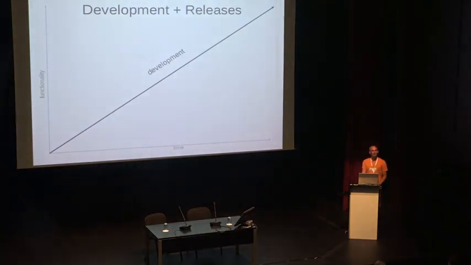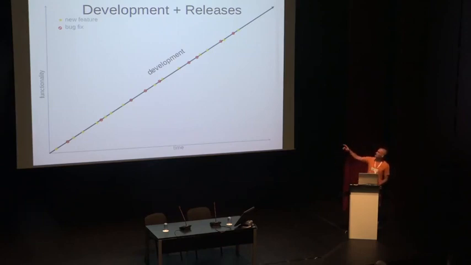Has anyone ever wondered why the numbers and the names in QGIS versions are like that? Or maybe they are odd? Actually, they are not odd, they're always even. No one noticed that. I want to show you how it works. You have the development in time, and there's more functionality coming.